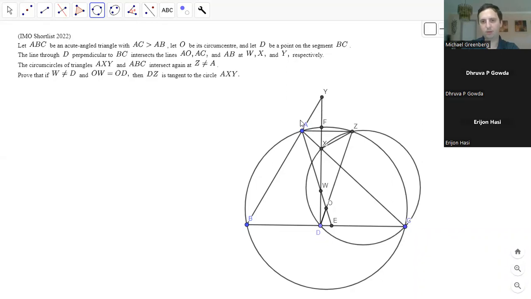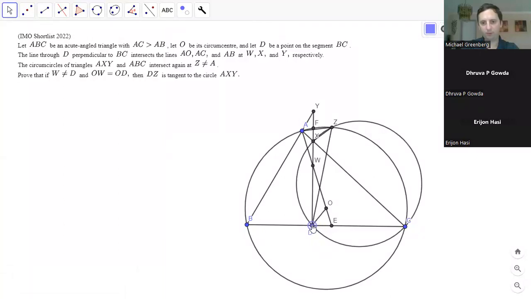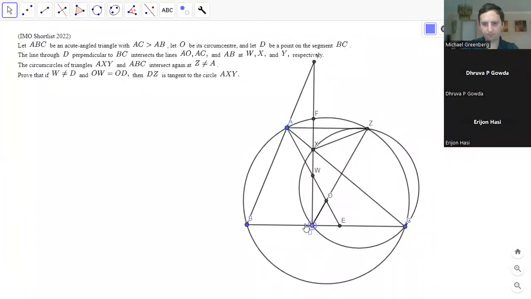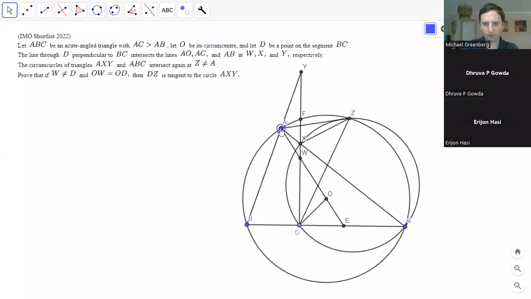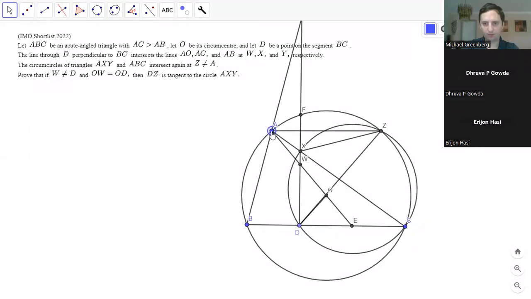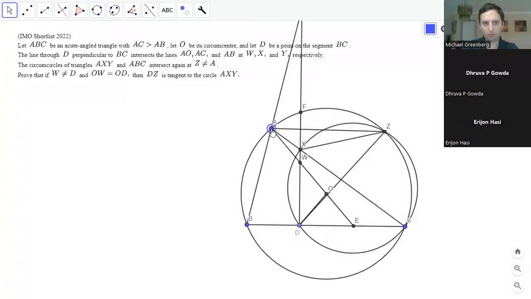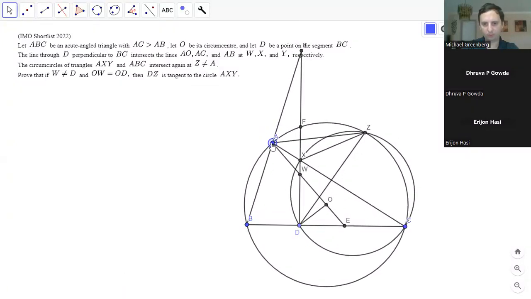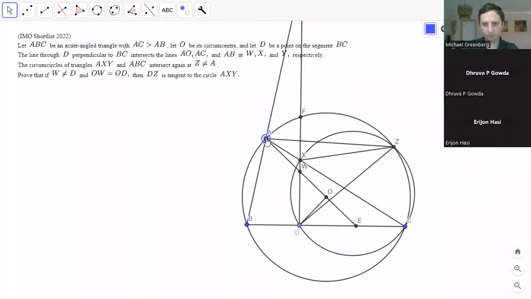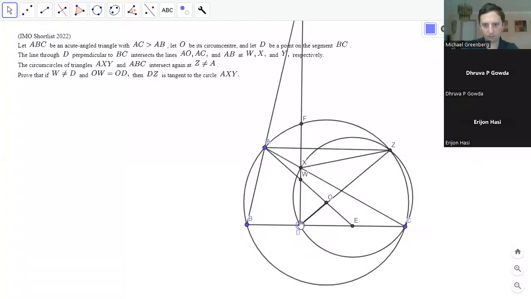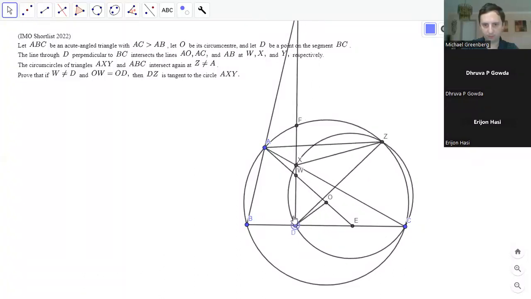Can you move A or something just to be sure? Or D, just. Let's see. So if I move D, yeah, I'd want to see. Yeah, I think it's true. We want OT equals OW, so let's see if I move it around.